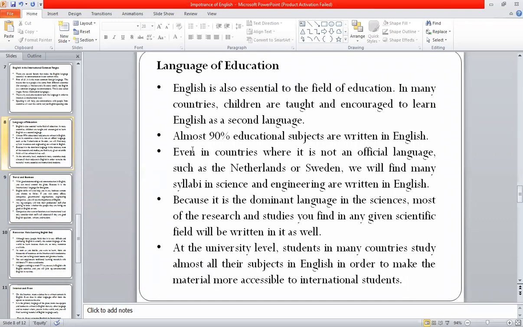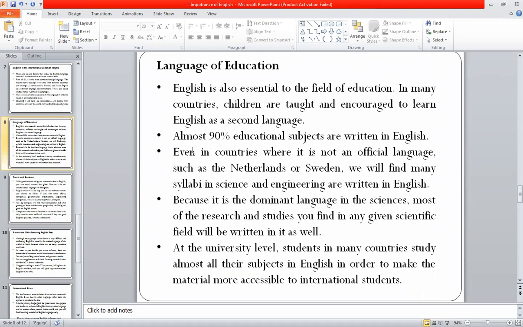So it is also the language of education. English is essential to the field of education. So without English, if we want to become educated, it becomes very difficult.